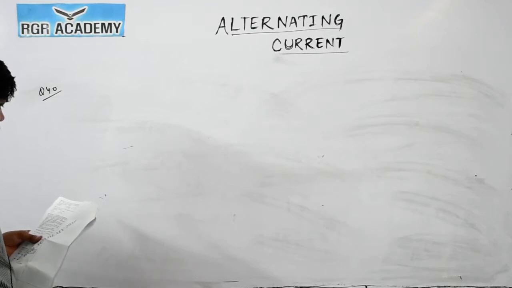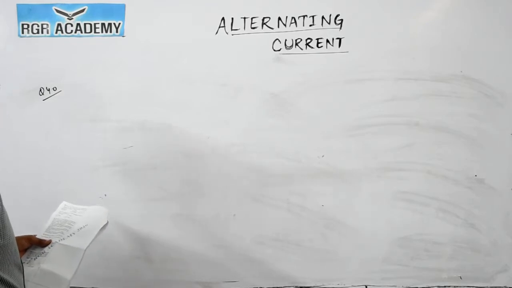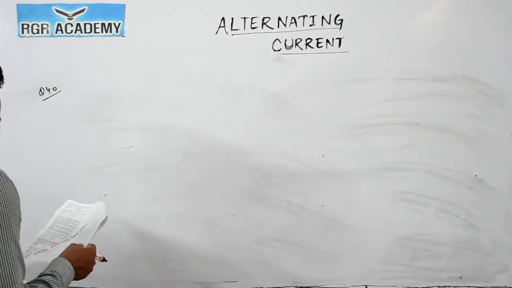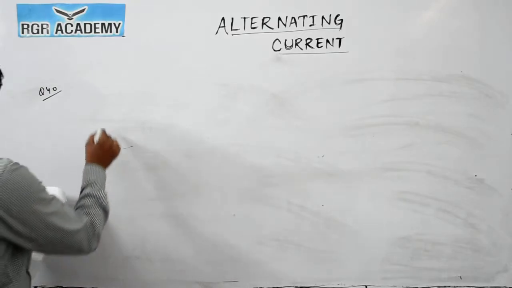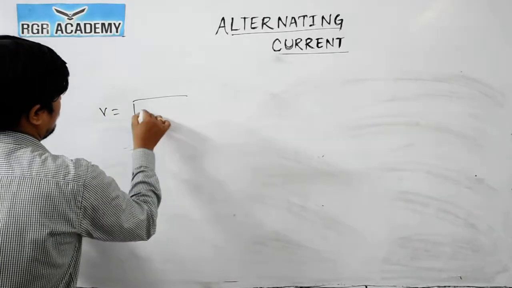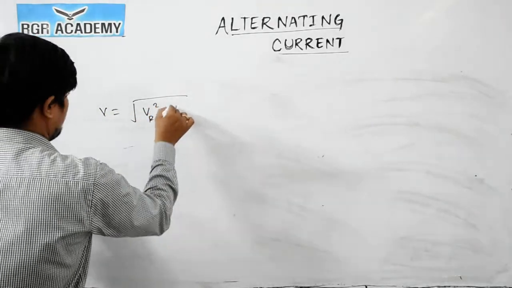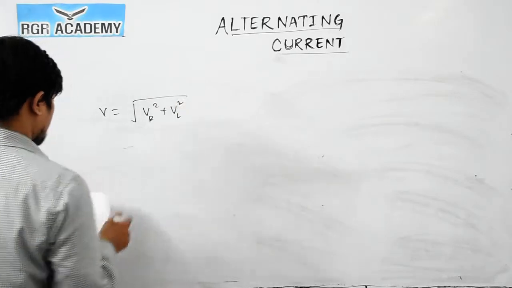So what they are asking is the self inductance of the required induction coil. We know that the total potential drop can be written as under root of VR square plus VL square.